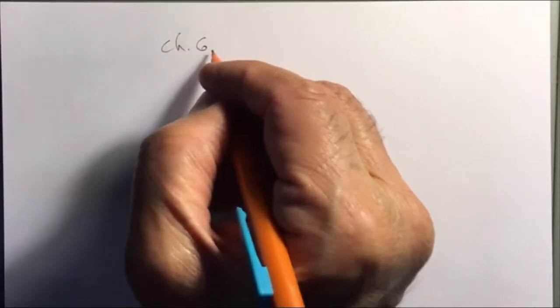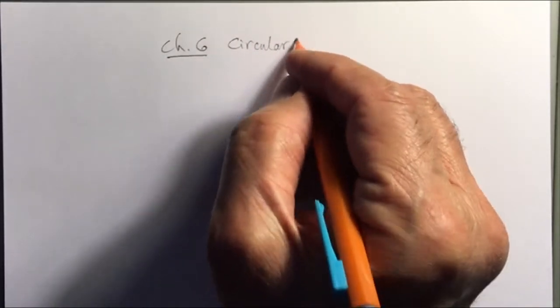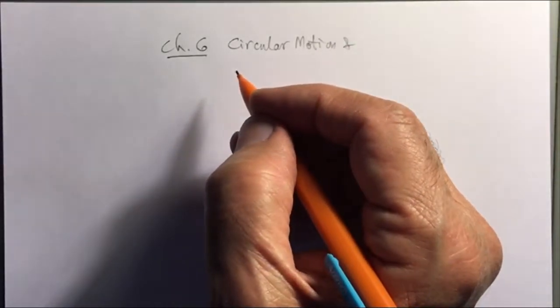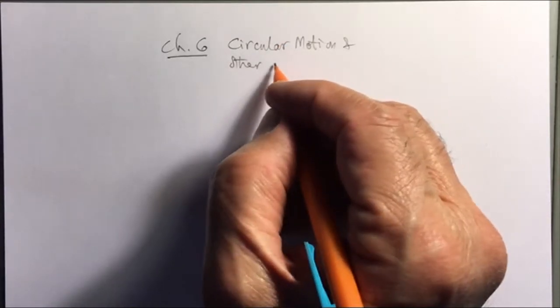So now we start chapter 6, which is circular motion and other applications of Newton's laws. So we'll mostly see circular motion, other applications.